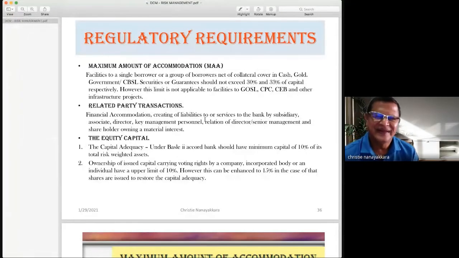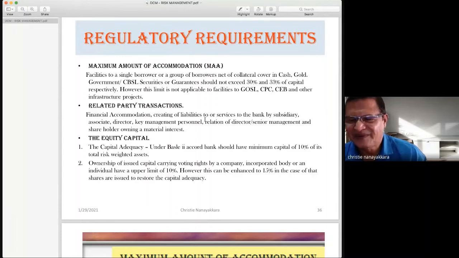Similarly, there is an international committee by the World Bank, or we call it Bank for International Settlements. They have set up a committee called the Basel Committee. Actually, Basel is a town in Switzerland. This committee met in this particular town, so they named it the Basel Committee.